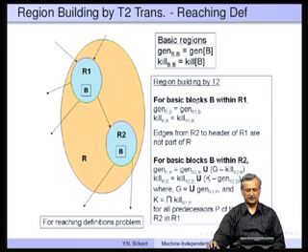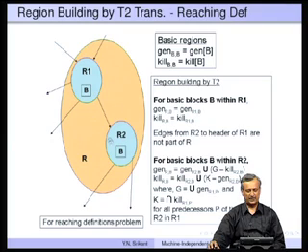With this information, let us take a region such as R, which is built by a T2 transformation from the regions R1 and R2. R1 has been built before, R2 was also built before, now there is an edge between R1 and R2. So, we can collapse R1 and R2 and make it a single region R. So, this was the transformation which was applied.